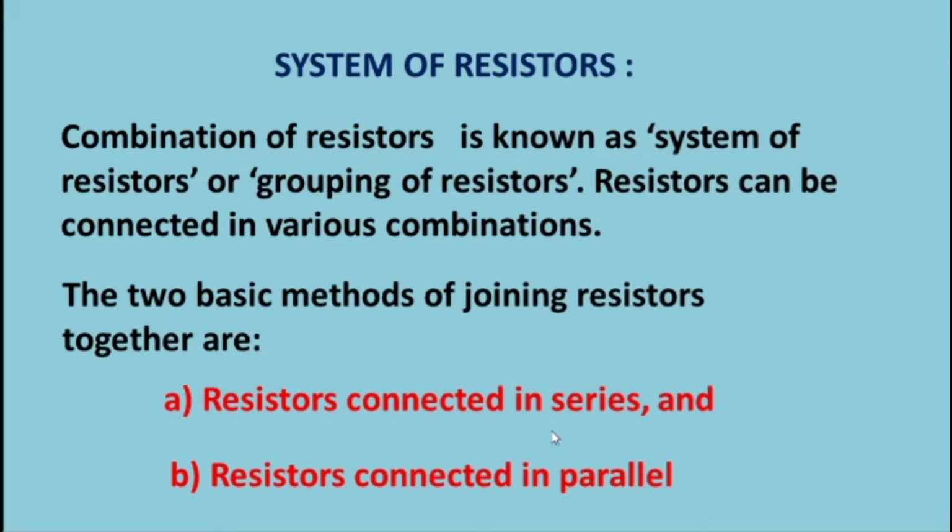Many resistors means more than one. So a combination of resistors is known as a system of resistors or grouping of resistors. Resistors can be connected in various combinations. The two basic methods of joining resistors together are: first, resistors connected in series, and second, resistors connected in parallel.